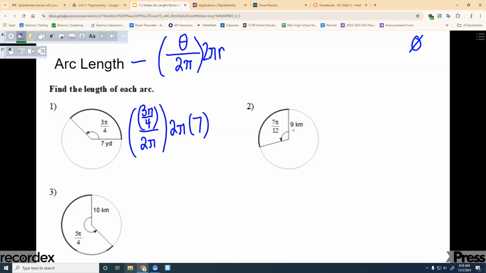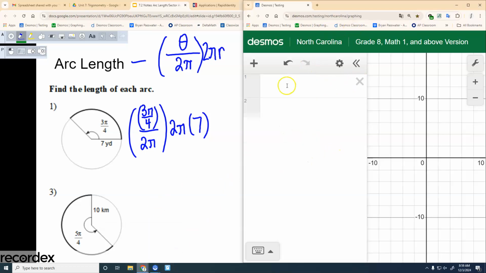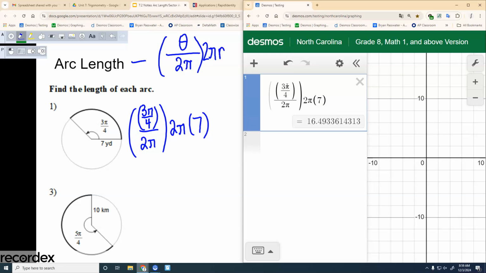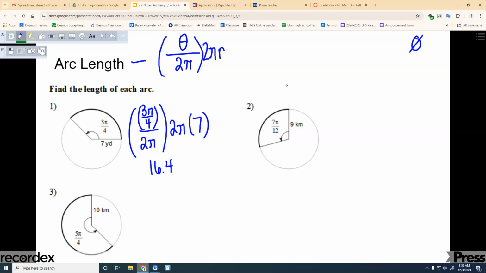Okay, and I'm getting 16.493. And that would be yards.